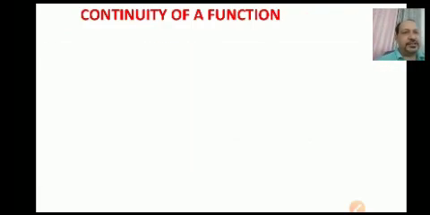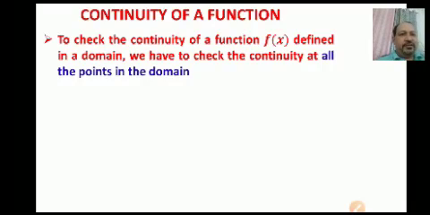Continuity of a function. To check the continuity of a function f of x defined in a domain, we have to check the continuity at all the points in the domain.